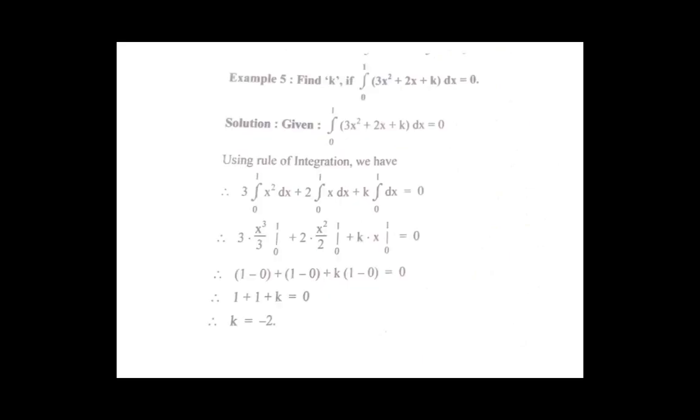Then the second property says that integral a to b of c, where c is a constant, dx, is equal to c into b minus a. So if only 1 is there to integrate, then it will be upper limit minus lower limit.